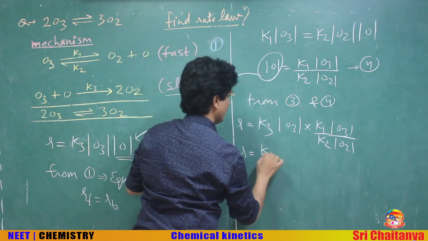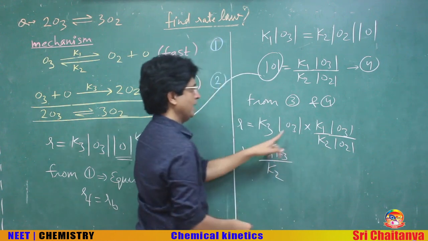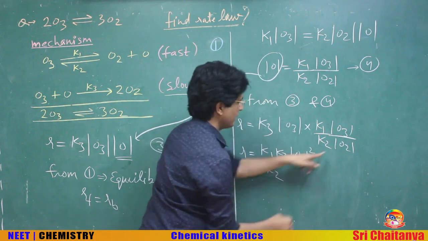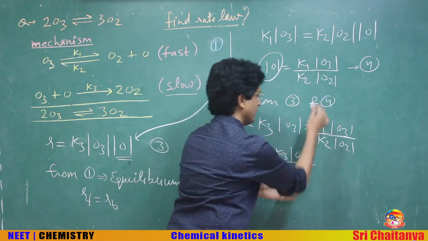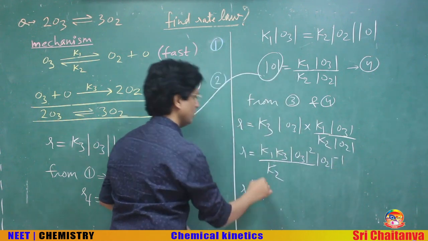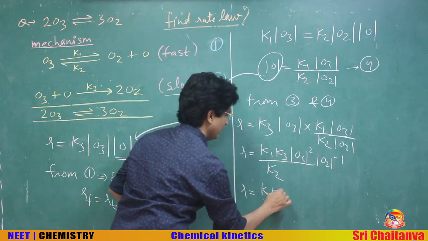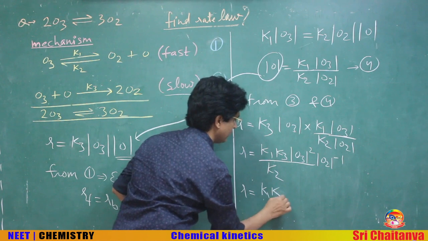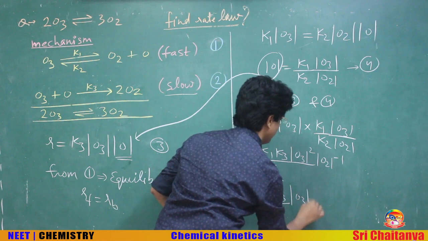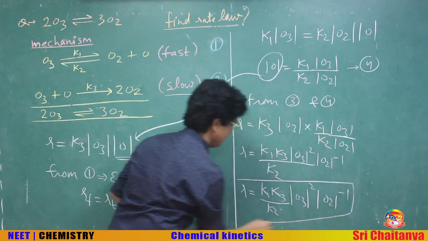This will be K1 K3 upon K2 into [O3] whole squared, divided by [O2]. I can take it up and make it [O2] inverse. So I can write that this will be K1 K3 upon K2 into [O3] whole squared and [O2] inverse. So this is the final rate law.